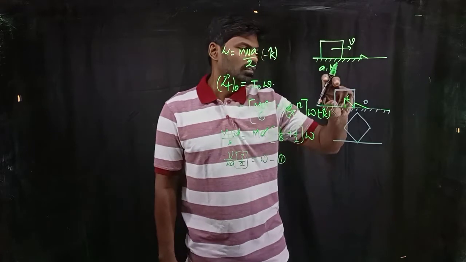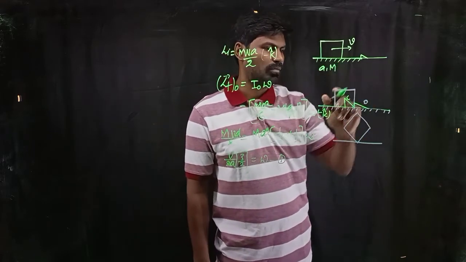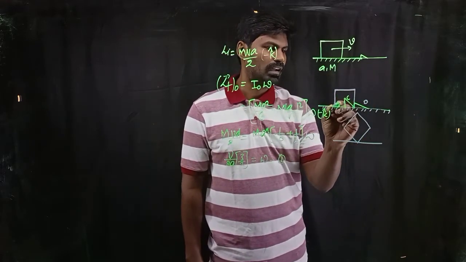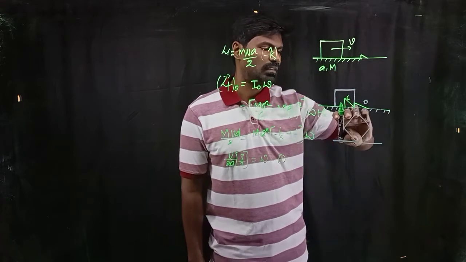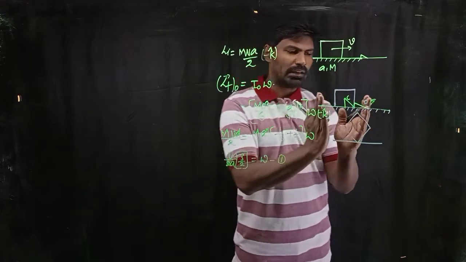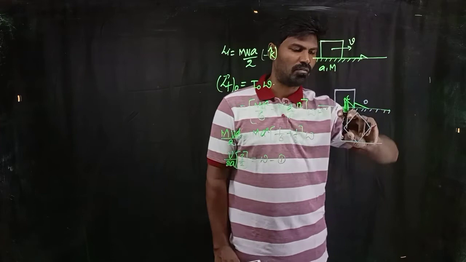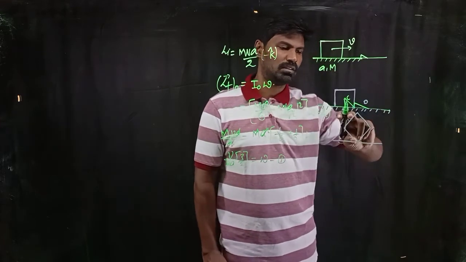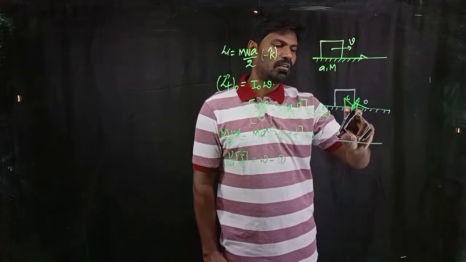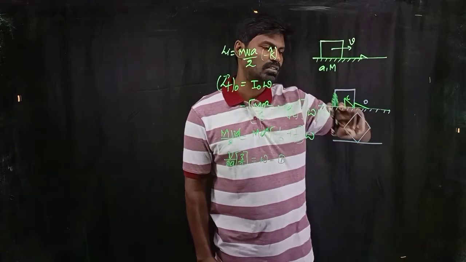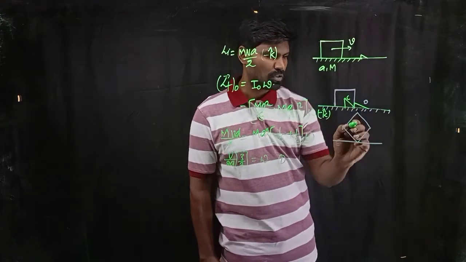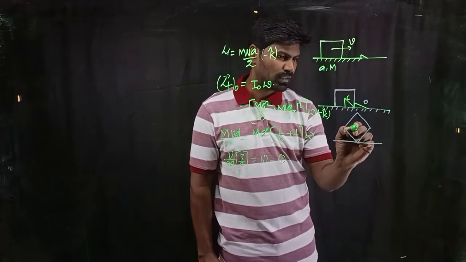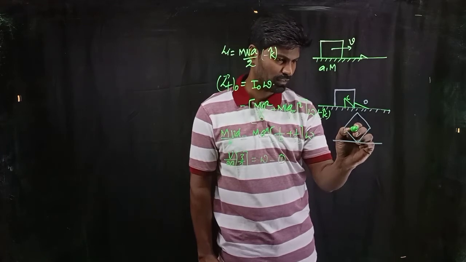Next, when this body is undergoing pure translatory motion, the center of mass is at a height of a by 2. When it is about to tip over, at least it should come to this configuration, after which it can roll over this point. So the kinetic energy should be able to raise the center of mass through this much height. What is this height?